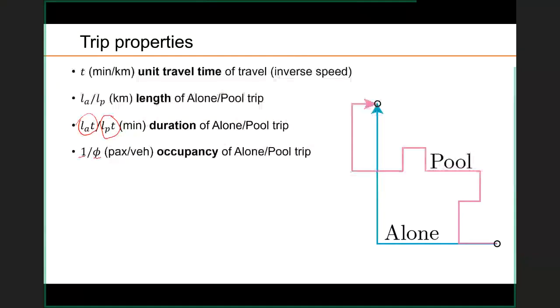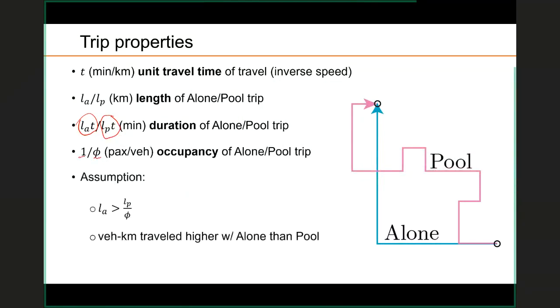So phi could be a realistic number, might be 3. If there's 4 seats in the car, but then some people are getting on and off, it might be around 3. But again, in real life, there would be economies of scale in this. The occupancy would rise as more people take it, but that would just amplify our result. So we ignore it and we just say the occupancy of the pooled trip is fixed.